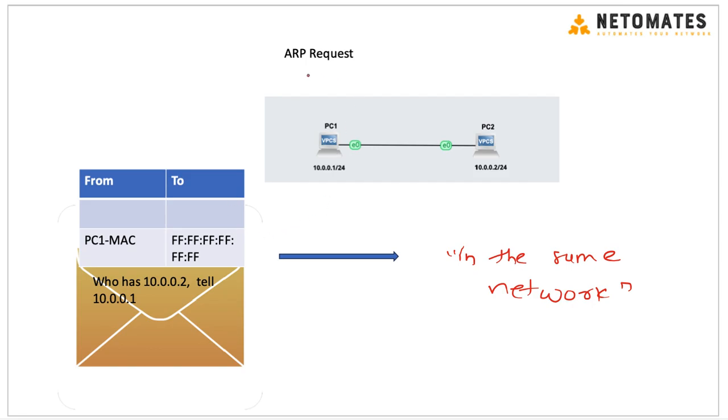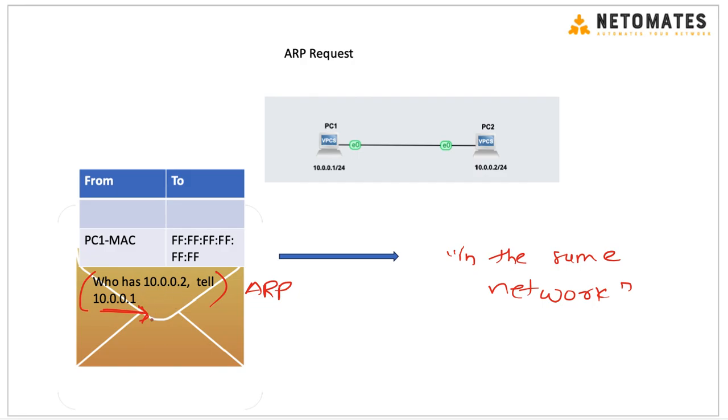In ARP there are two packets: one is a request, another one is a reply. The ARP request packet looks like this. Inside the data, the ARP request is asking: who has 10.0.0.2, tell their MAC address to 10.0.0.1. That's the message inside the packet.